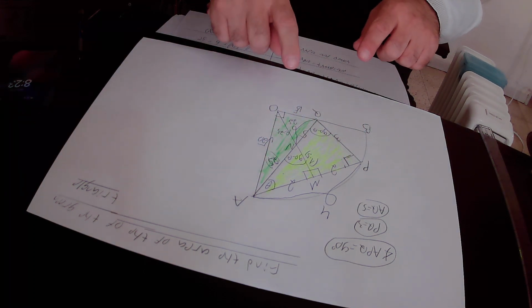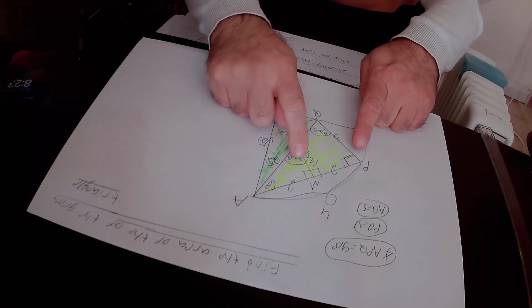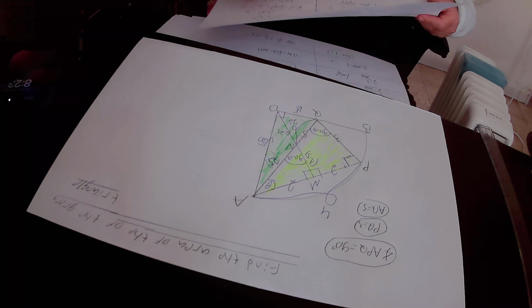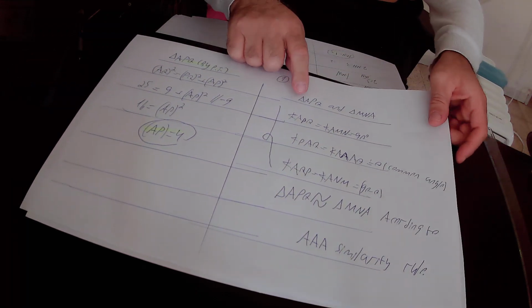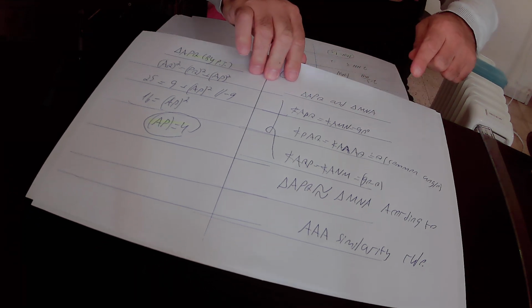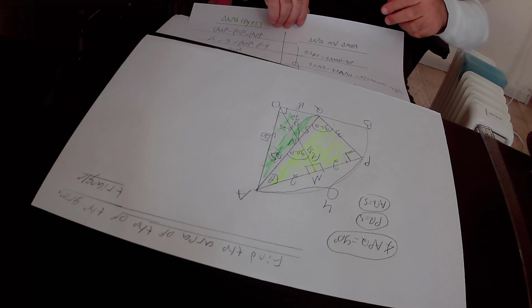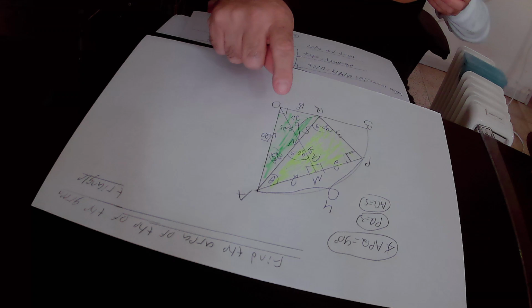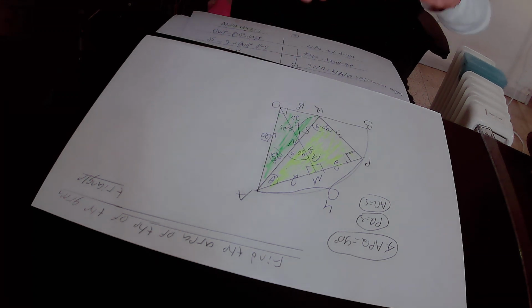So why are those two triangles similar to each other? First of all, those two angles are both equal to 90 degrees, therefore they are equal to each other. So angle APQ in the big triangle equals angle AMN in the small triangle. Then, in addition, angle theta is a common angle that belongs to both triangles, so angle theta equals itself.